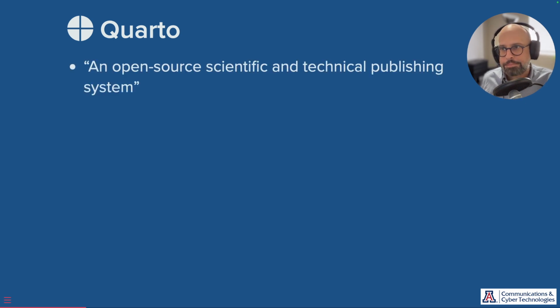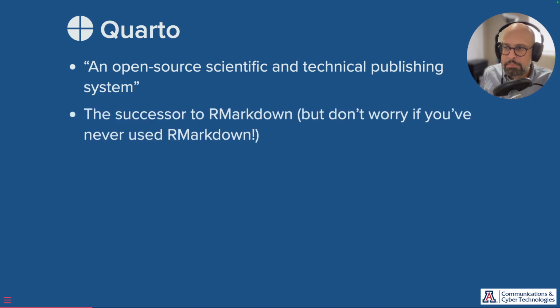So what is Quarto? Quarto is an open source scientific and technical publishing system. So right there from that description, you'll realize that it is for more than just making a lab handbook website. It is actually really generally very useful and a good thing to learn. It's in many ways the successor to R Markdown. So if you've used R Markdown before, it'll look familiar, but if you haven't, don't worry about it.